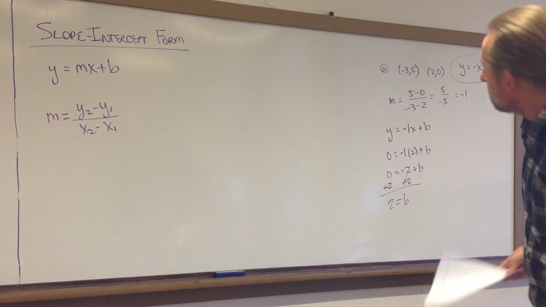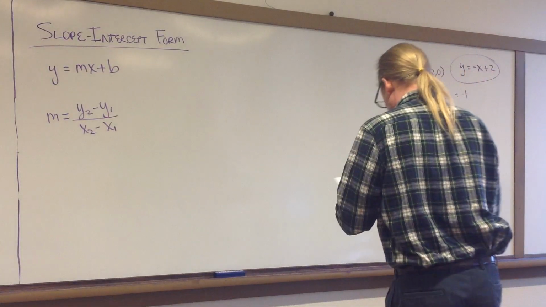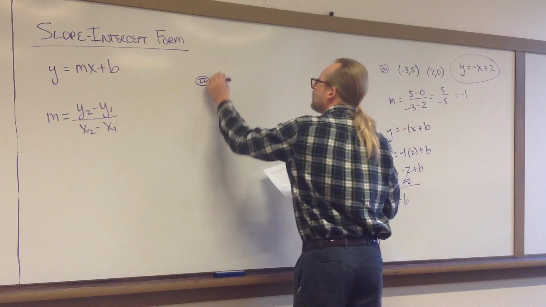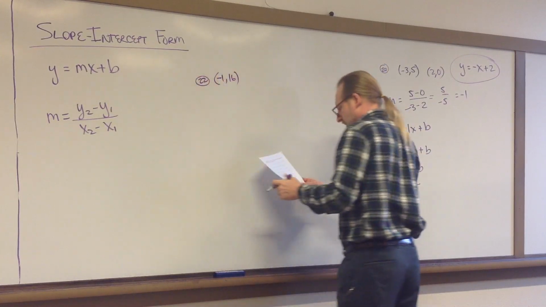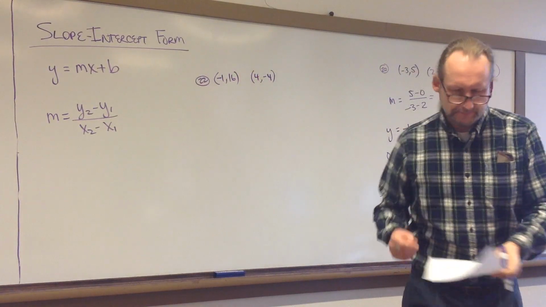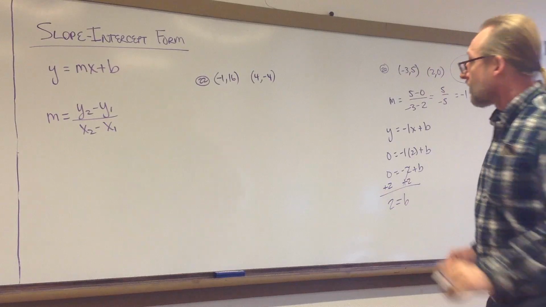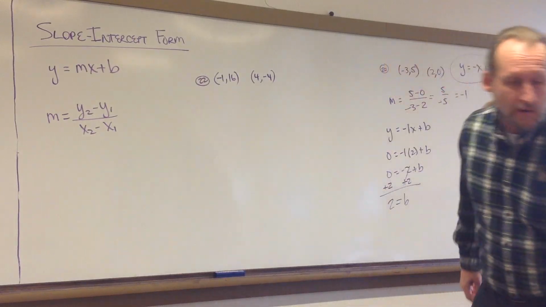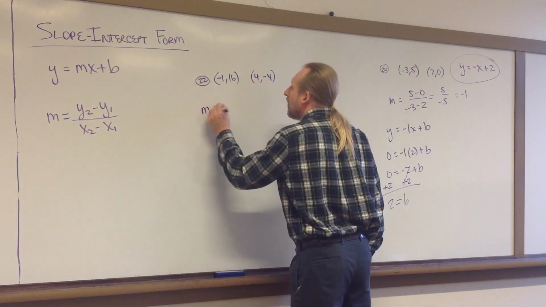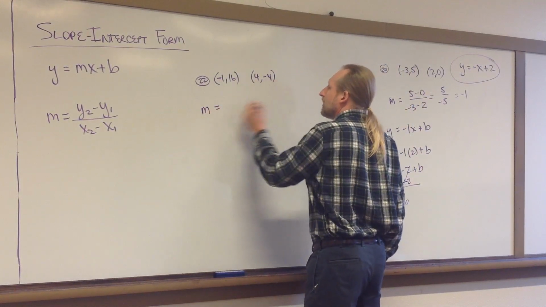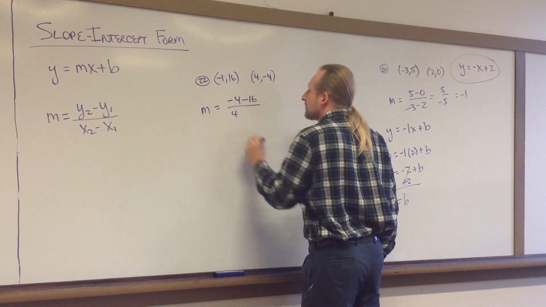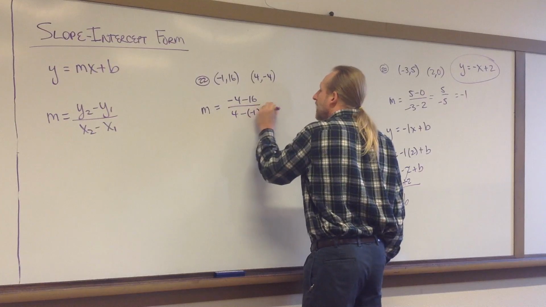All right, that's problem 20. Let's look at 22. Negative 1, positive 16, and 4, negative 4. First off, we have to find the slope. I'll start with the negative 4 on top, and then that means I have to start with the 4 on the bottom, right?